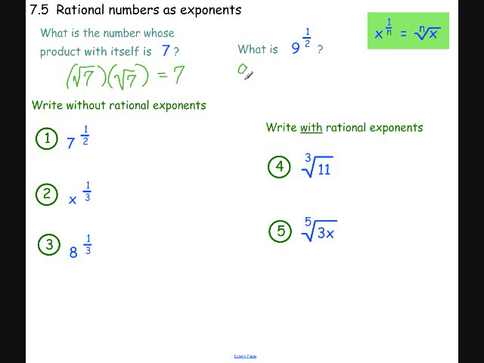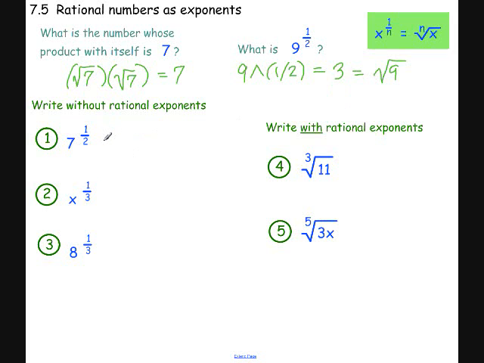You could say 9 raised to the power of 1 divided by 2, in parentheses, and you would find that it's equal to 3, which is the square root of 9. So it's just another way of writing square root.